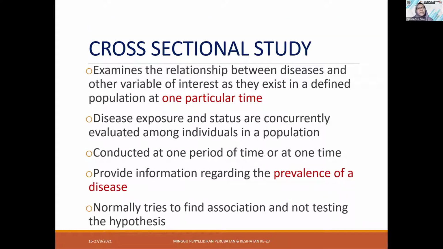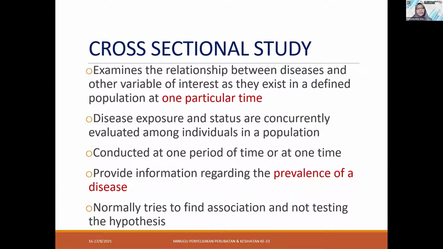The most common is the cross-sectional study, which examines the relationship between diseases and other variables of interest as they exist in a defined population at one particular time. Disease exposure and status are concurrently evaluated at one spot of time among the individuals in a population, conducted at one period of time, a cross section. So it provides information regarding the prevalence of a disease.